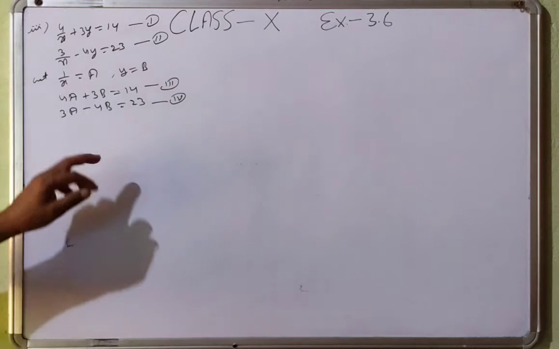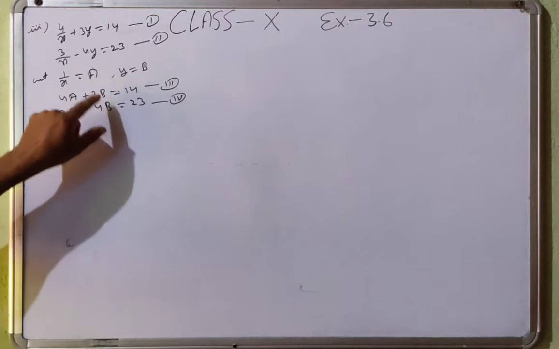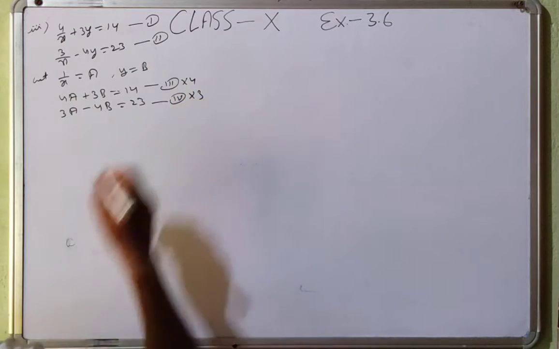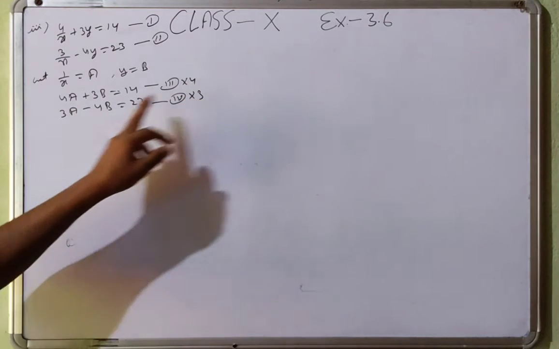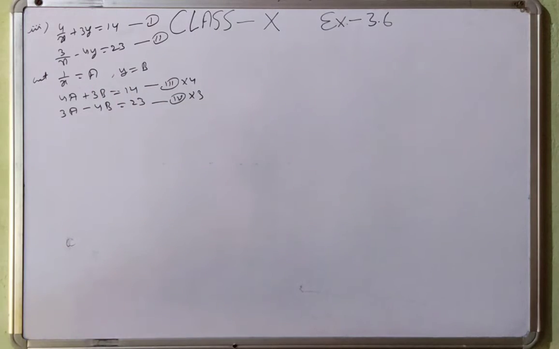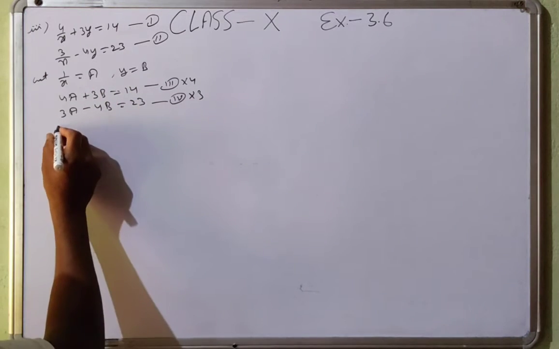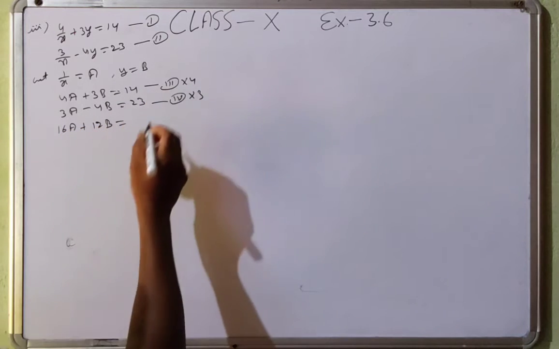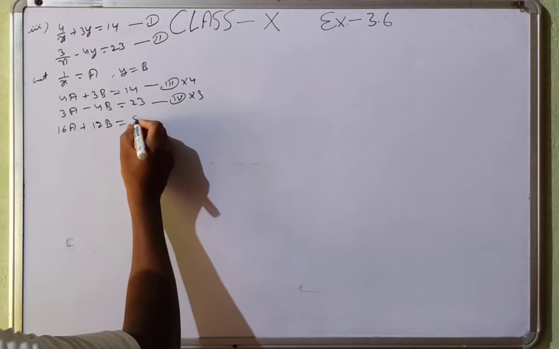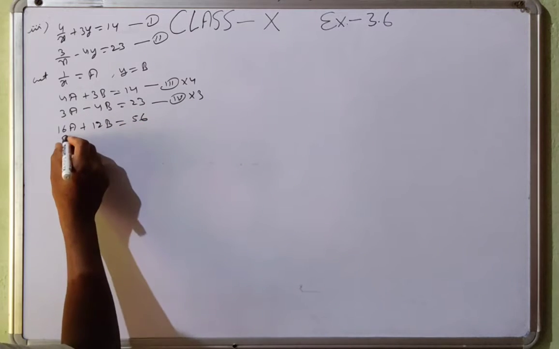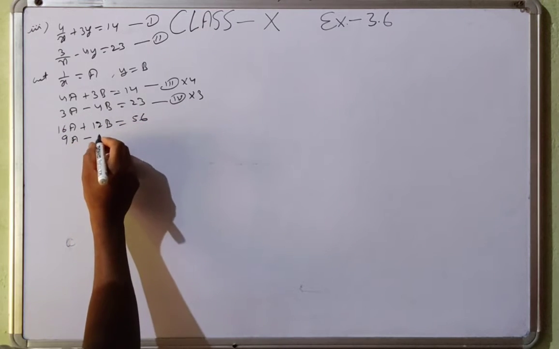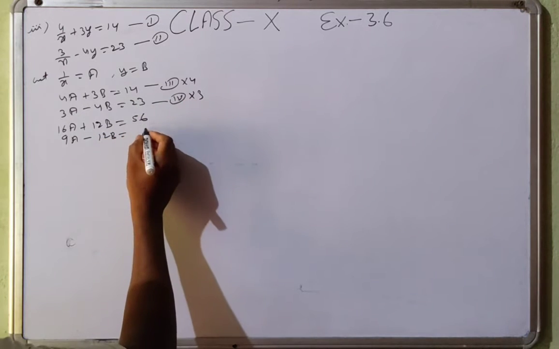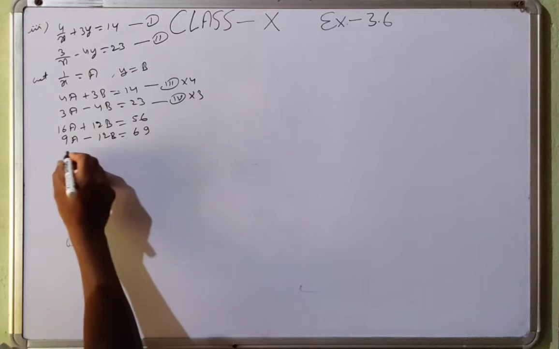Now again we will balance the b variable, so that will be multiply by 4 and multiply by 3, because 4 is there and 3 is here. Now 4 times 4 is 16a plus 12b is equal to 14 times 4 is 56, 3 times 3 is 9a minus 12b is equal to 23 times 3, 3 times 3 is 9, 3 times 2 is 6, 69.